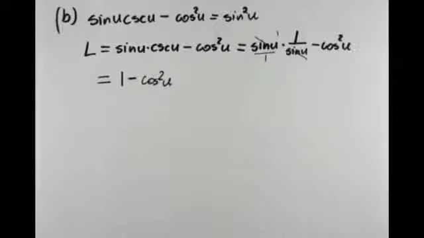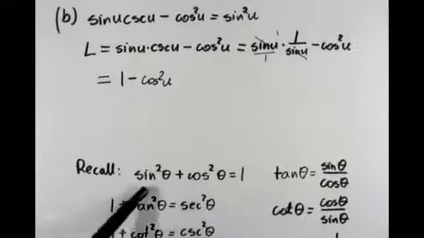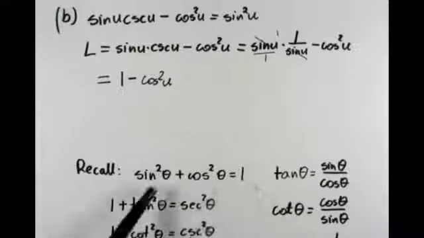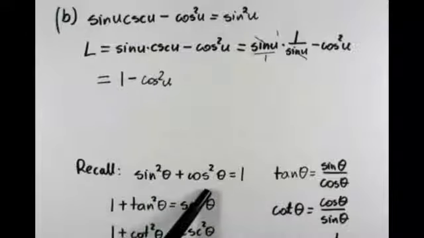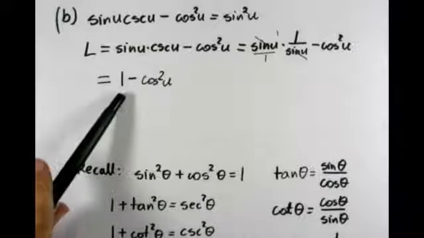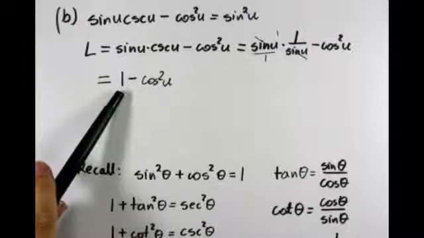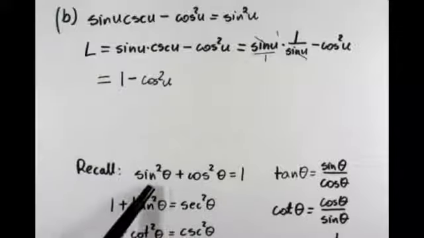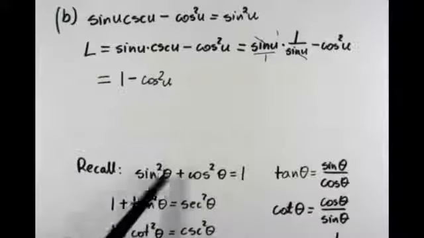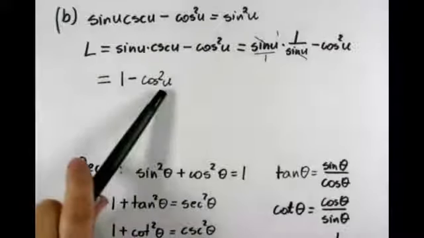We look into the identities that we know. If you look into the first one, you know that 1 is equal to sine squared plus cos squared. So we can substitute for that 1, that's called trigonometric one, sine squared plus cos squared. In that case, the same theta, but my theta is u.